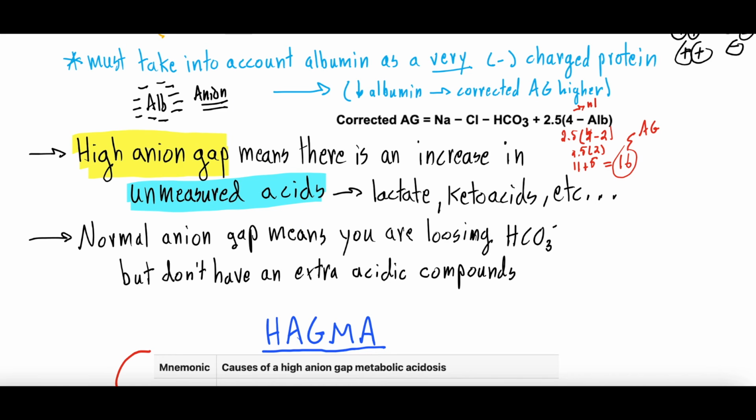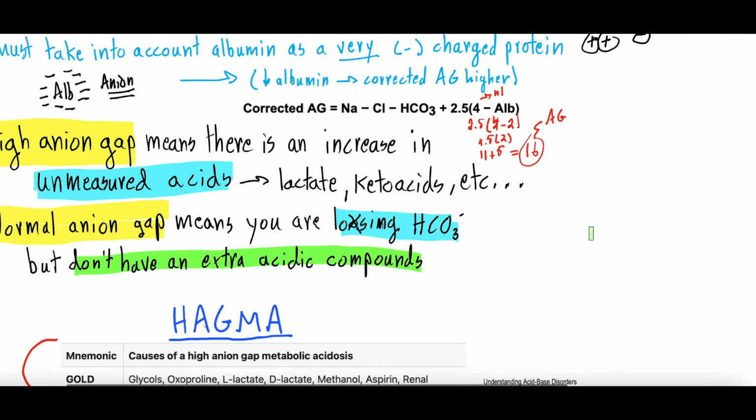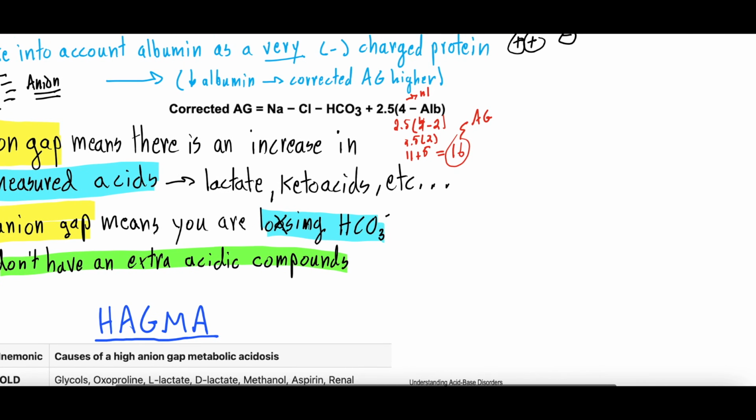We're going to get into this, but first, a normal anion gap means that you're just losing bicarbonate. But you don't have any extra acidic compounds floating around, you're just losing bicarbonate. So what exactly does this mean? Well, two things.